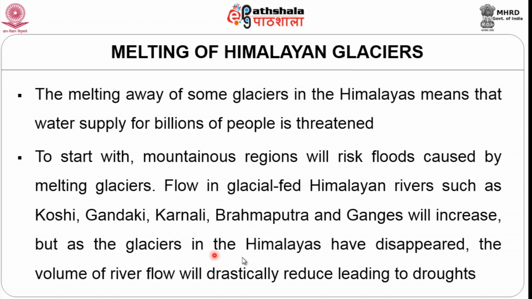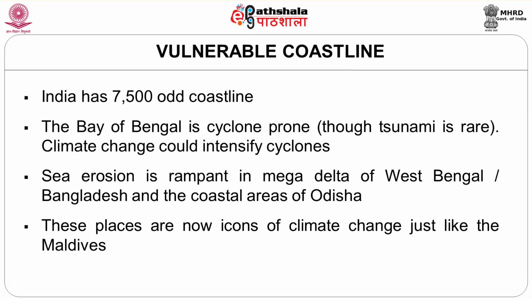But as the glaciers in the Himalayas disappear, the volume of river flow will drastically reduce, leading to droughts. To start with, there may be flooding, and later when glaciers disappear, there will be droughts in a vast majority of the region: not only India, Nepal, Burma, Afghanistan, Pakistan, but even parts of China.